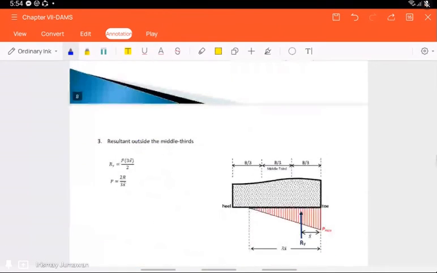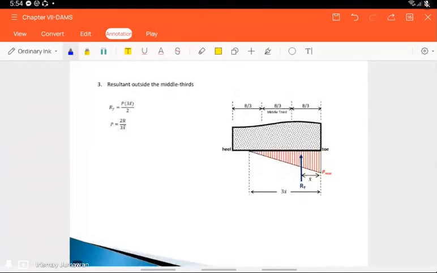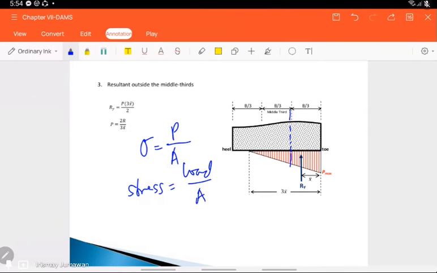Okay, so if it is outside the middle third, this is the formula. You have stress, so stress is equal to P over A. So this is stress, this is load, over A, area.